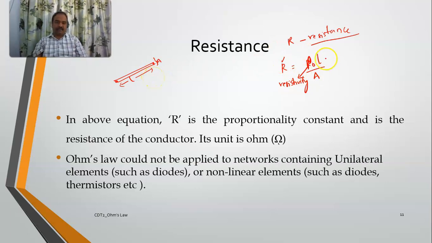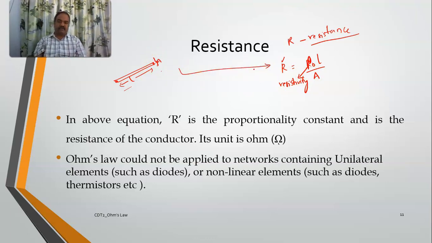For a copper wire, this will be very low. For a wood type of material, it will be in the order of 10 to the power of 6. So resistivity is the nature of the material, L is the length of the wire, and A is the area of cross section. This formula holds good for a wire type of material.